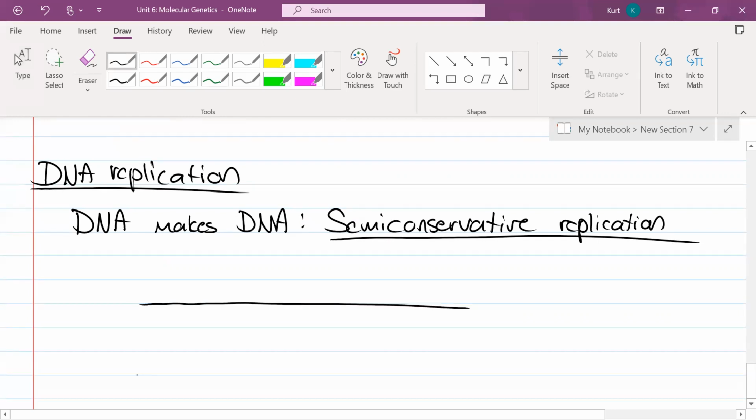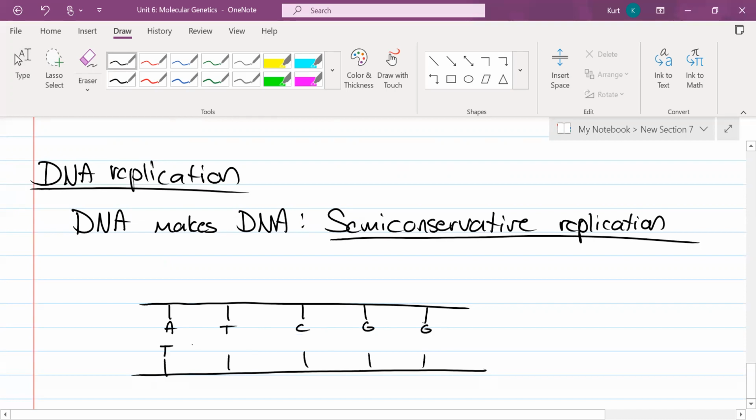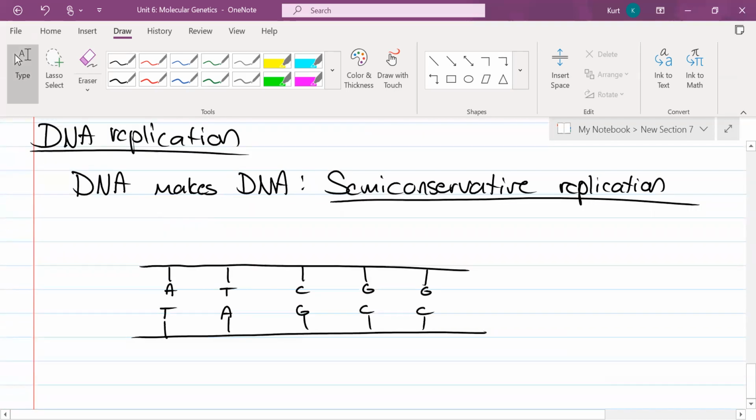Okay, here are my parent strands of DNA. I'm going to just use 5 bases because we don't have all day. Here we have 5 prime, 3 prime, 3 prime, 5 prime. Do you remember which direction DNA is read?